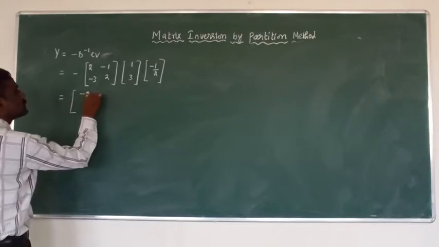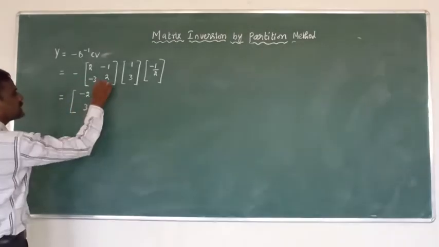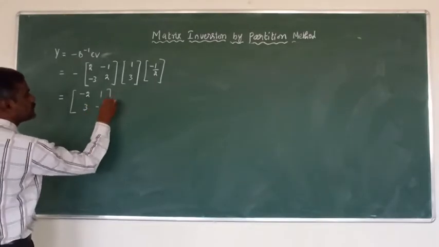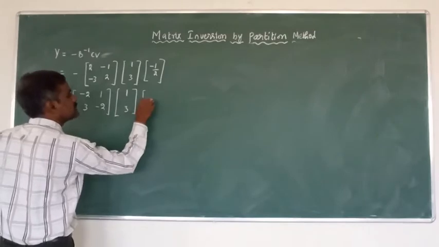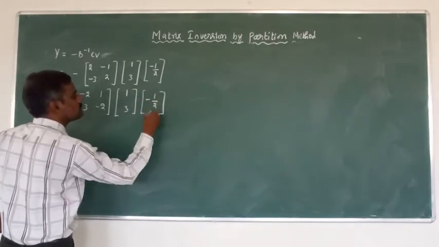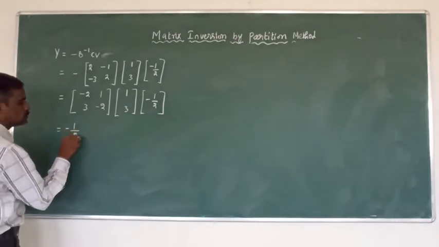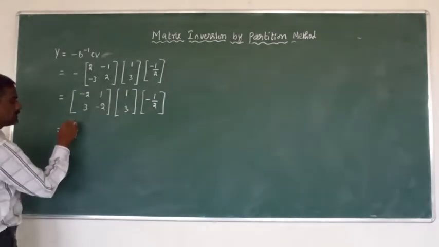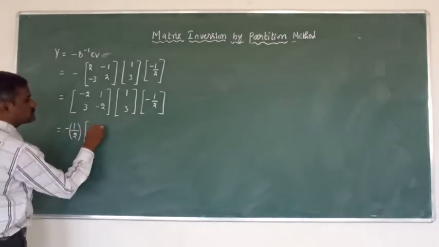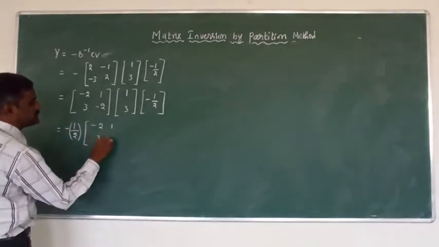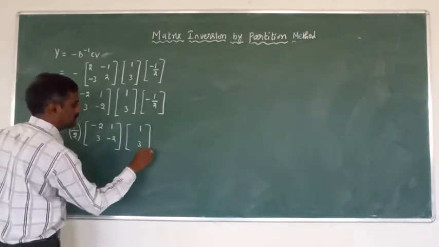Minus 2, 1, this is for minus plus 3, this is for minus 2, 1 divided by 3, and this is for minus 1 divided by 2. We can take this one here, minus 1 divided by 2, and 2, minus 1, minus 3, 2, and this is for 1, 3.